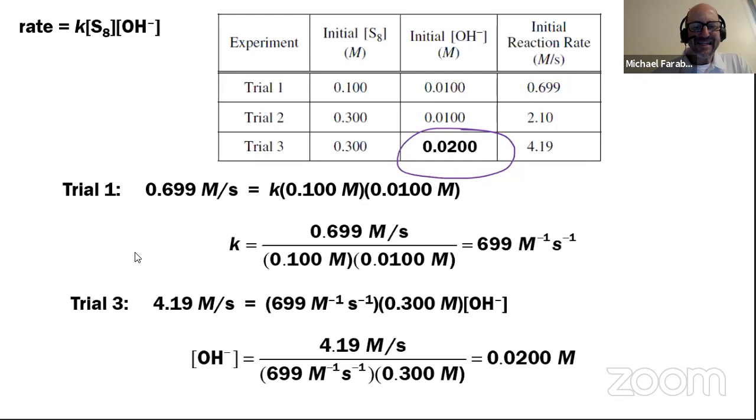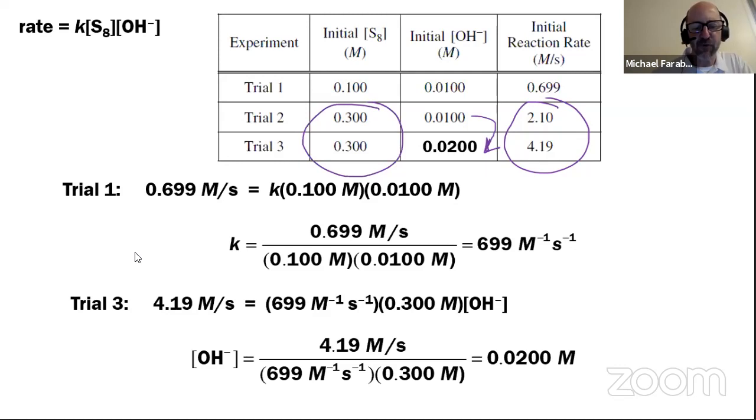I wonder if there was an easier way to solve this. What I just did wasn't a bad way. It was a fine way to solve it, but take a look at this comparison between trial 2 and 3. These concentrations did not change. The rate was doubled. We already know it was first order with respect to hydroxide because they told us that. So you could have just done the following.